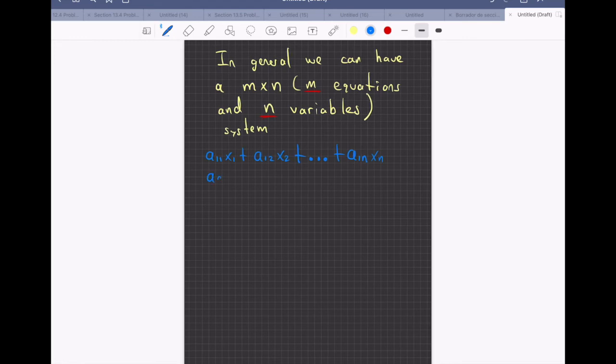The next row, a21x1 plus a22x2 plus a2nxn, and so on, up to the equation m, am1x1 plus am2x2, and so on until amnxn.